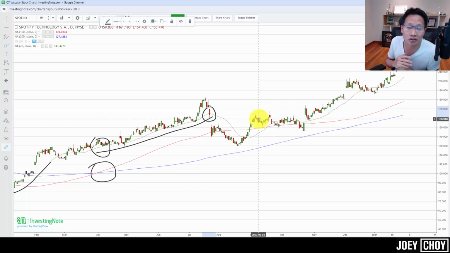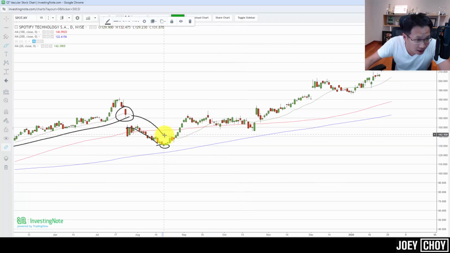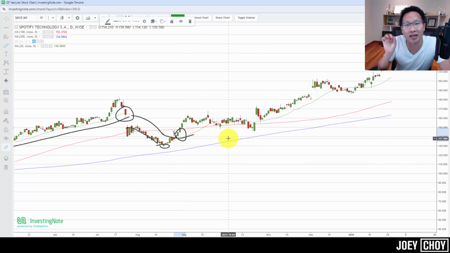Or if the shorter term trend were to turn up, you can see that right over here, the 20 days moving average line was pointing down, down, down. So you can see prices pushing lower for about 3 weeks, just headed down, down, down. We found a support. The 20 days moving average line started to flatten out, and yes, eventually pointing up. Prices go above it, and that is where the shorter term trend has turned up.